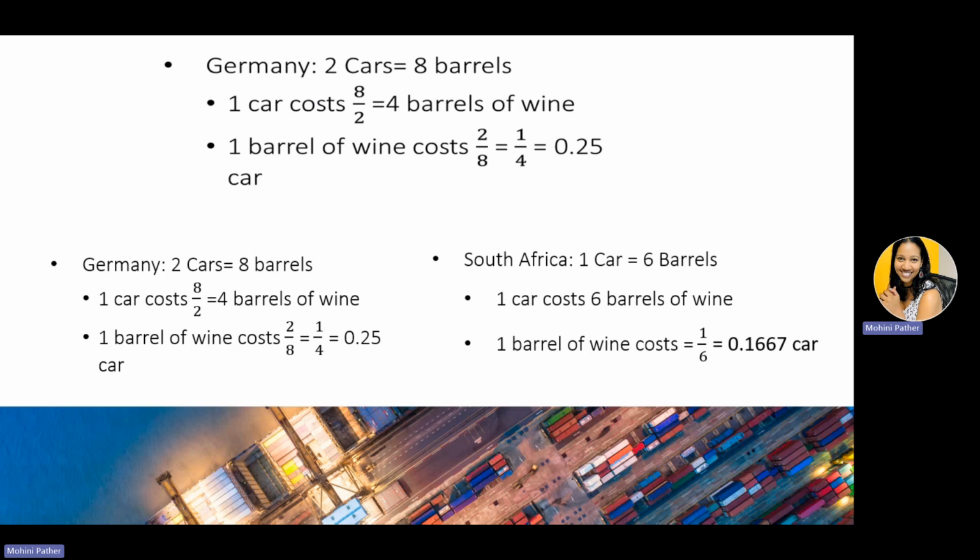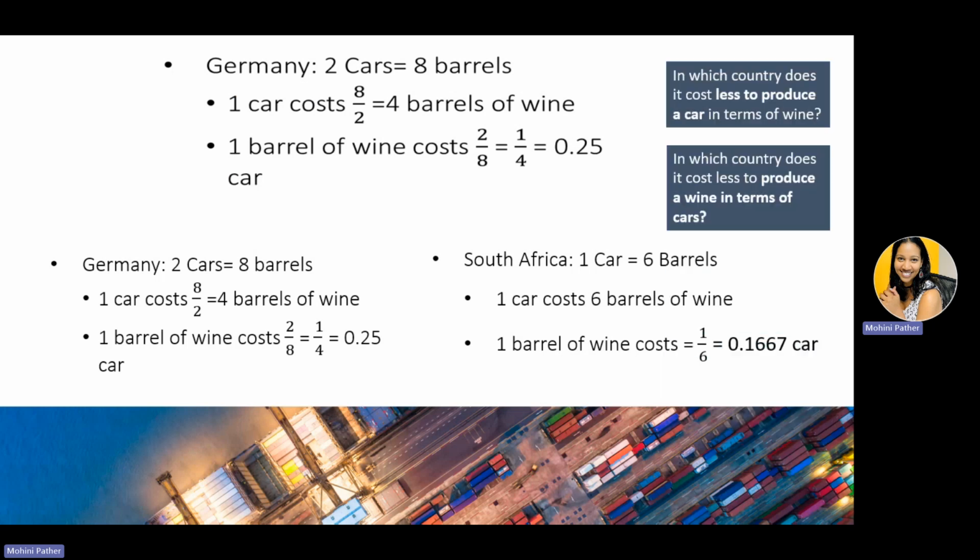So you want to answer these questions. In which country does it cost less to produce a car in terms of wine? I want you to think as though we're in a bartering system. In Germany, we know that 2 cars is equal to 8 barrels of wine.